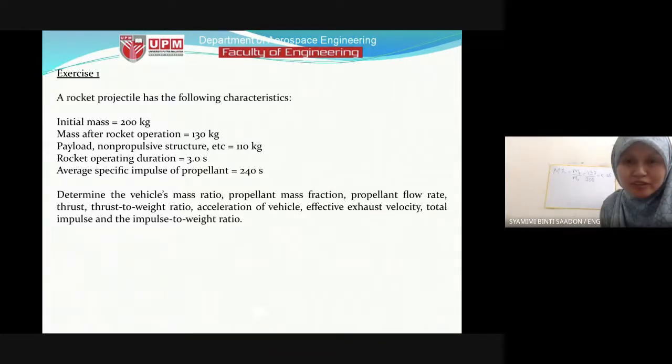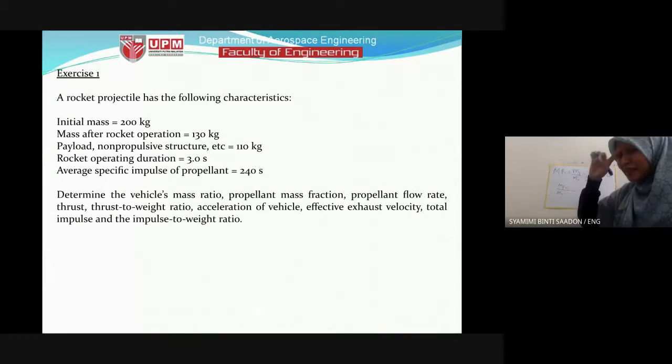Sekejap ni. So tunjuk MF. Oh, this one, MF over... we've got to eliminate the 110, the payload structure.